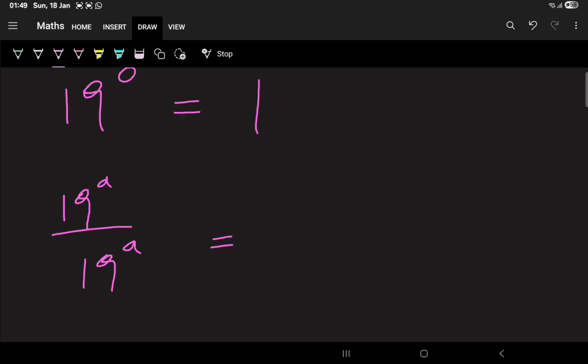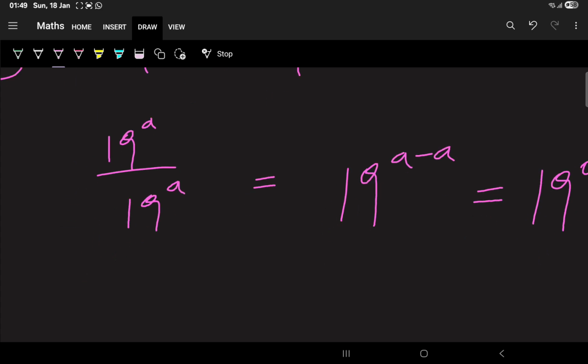From our division law of indices, we know this is going to be 19 raised to the power of a minus a. This is equivalent to 19 raised to the power of 0.